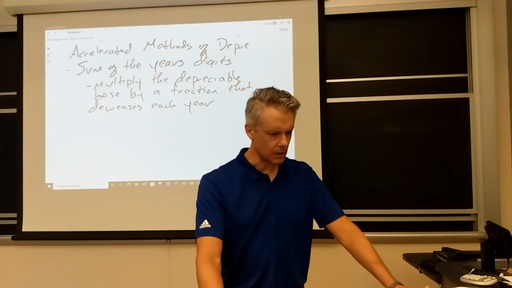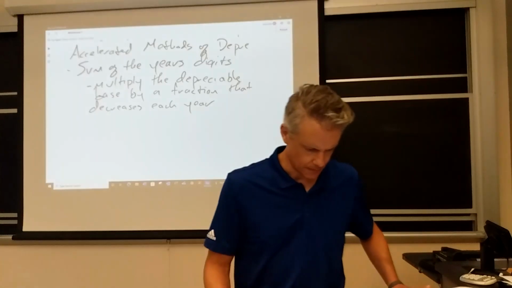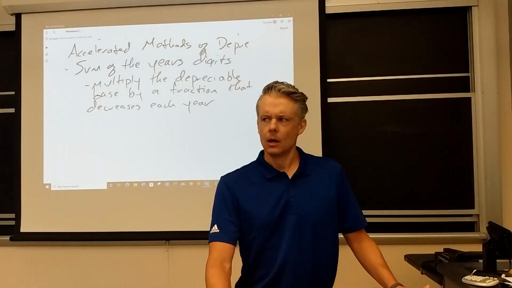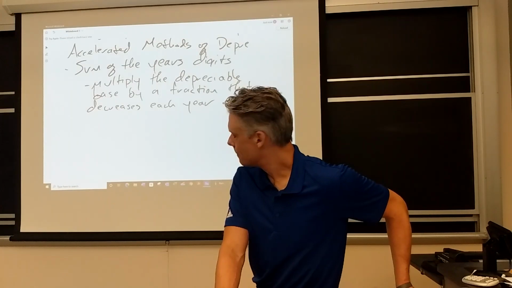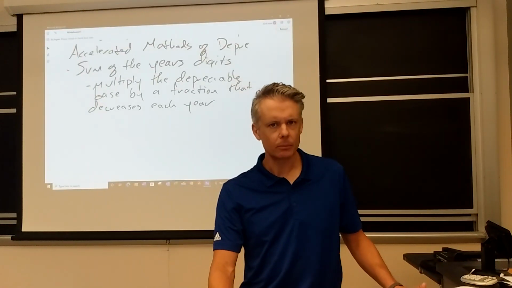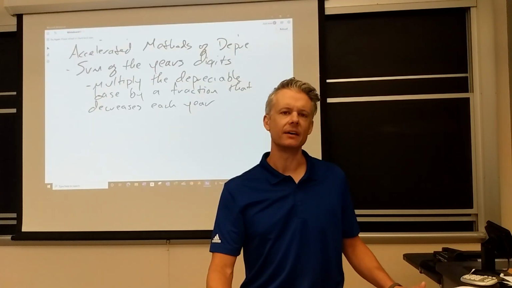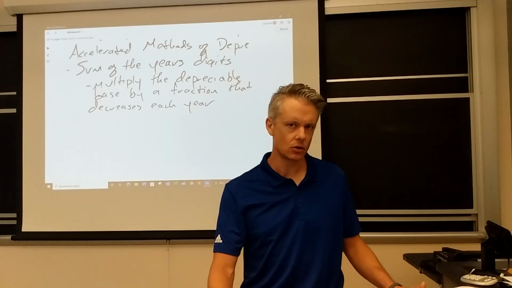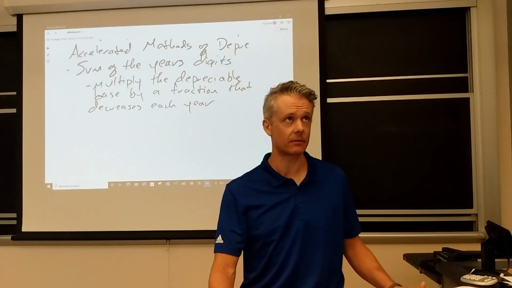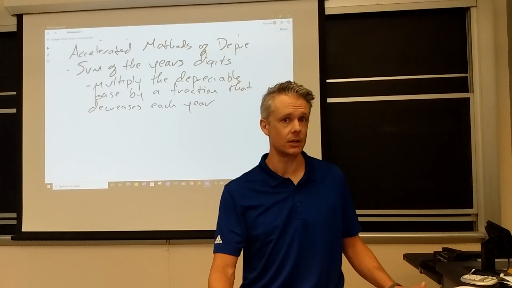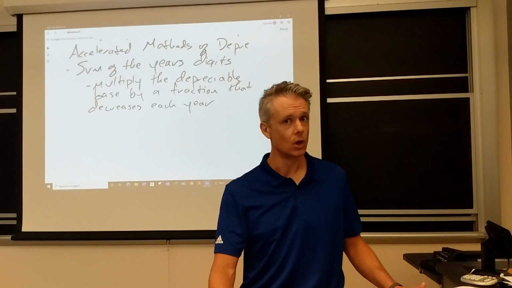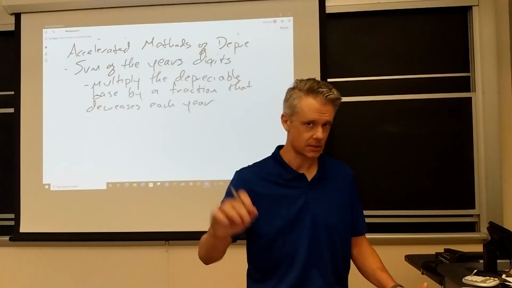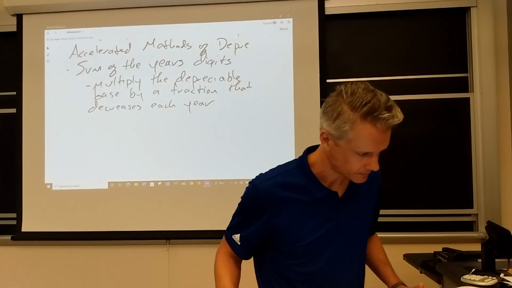What I have here is the sum of the year's digits. It multiplies the depreciable base by a fraction that decreases each year. So you can see mathematically how this would work. If we're decreasing that fraction each year, we will have a lower depreciation expense as time expires.